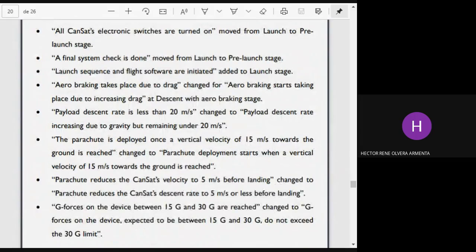The payload descent rate is less than 20 meters per second. This can be changed to rate of increasing due to gravity, but remaining under this quantity.